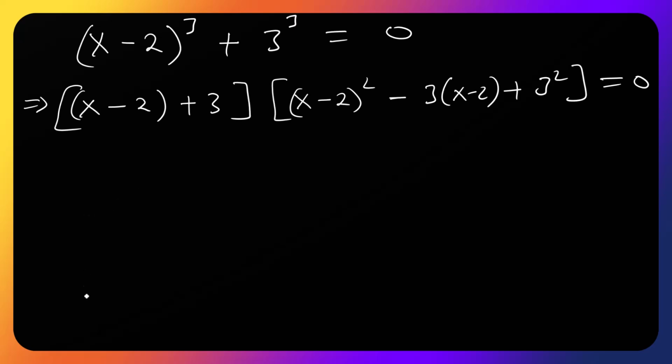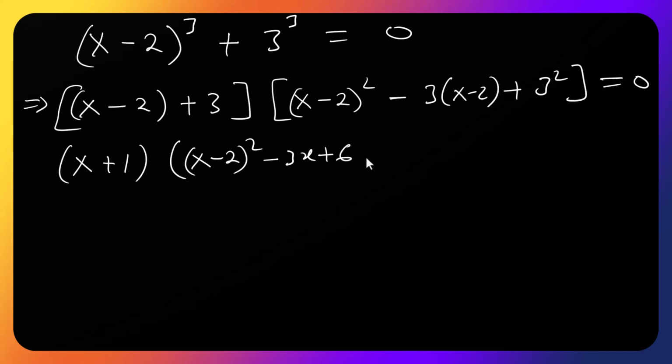Okay, so we have this information here. Now from here we can see x, so minus 2 plus 3 will be plus 1, and we have (x minus 2) squared, and this side will be minus 3x plus 6 plus 9 equal to 0.